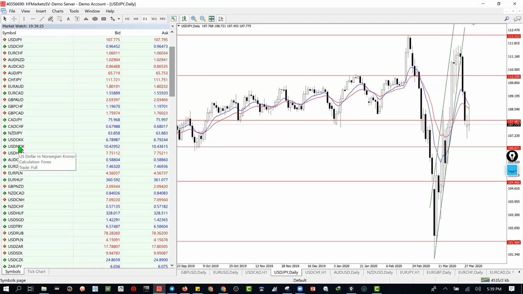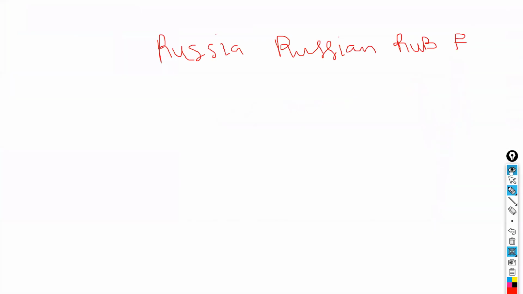For example, the currency I have right here now is the USD against the Norwegian krone. These are exotic currency pairs. And this one is the USD against the Danish krone, so it's an exotic currency pair. And this one is the USD against the Hong Kong dollar. These are exotic currency pairs. So if we calculate, I'm going to show you the spread right here, so you're going to see what I'm talking about.